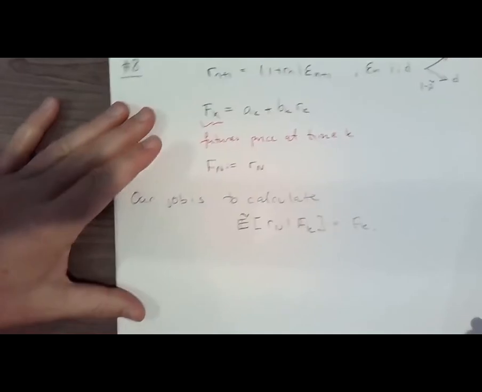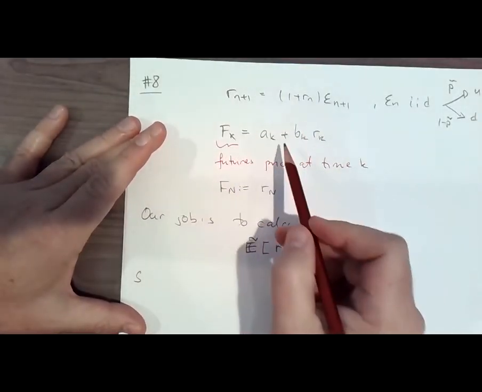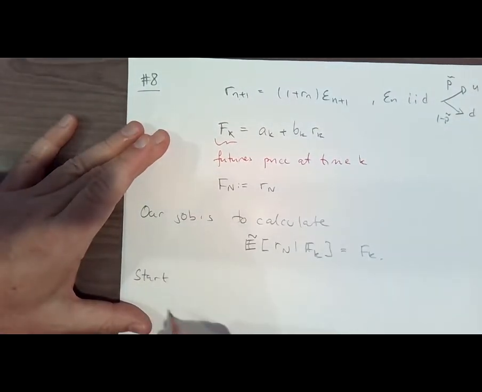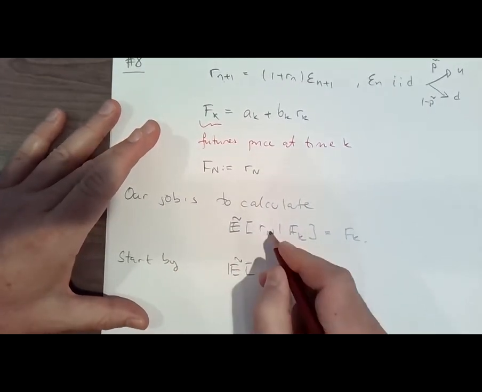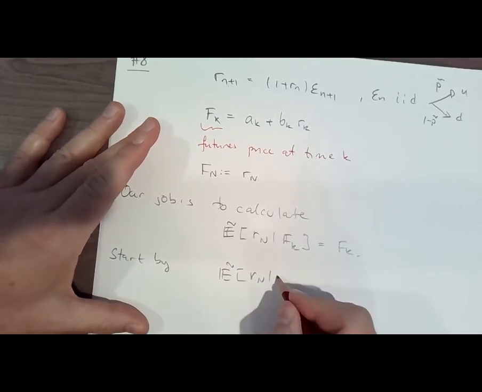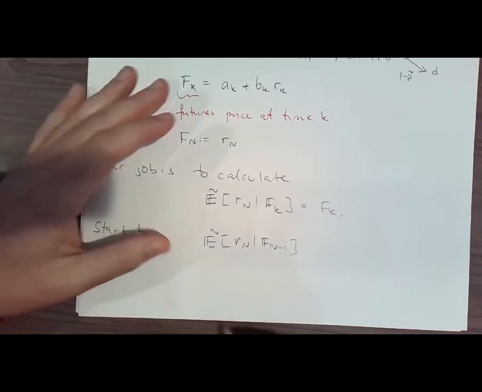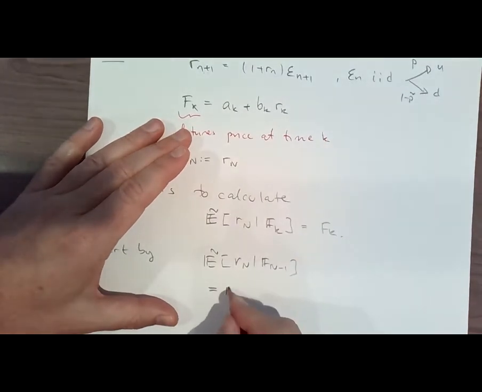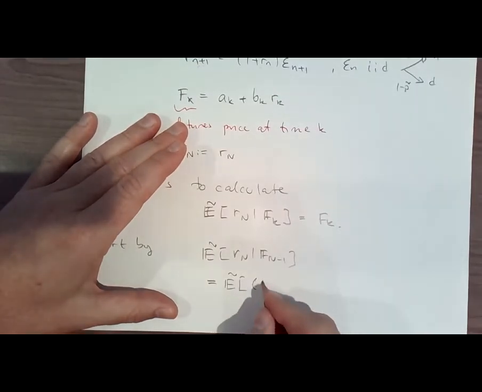To get a feeling for it, just like before, how does one come up with this guess? Well, we could start by going just one back. We could compute the conditional expectation one step back, just as we did before. How would one go about doing that? Well, you take the expression up here. You need the interest rate at the end. That's this guy. Okay, so we needed one earlier: 1 plus Rn minus 1.